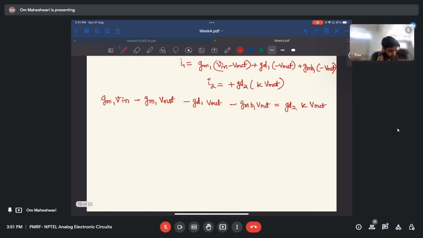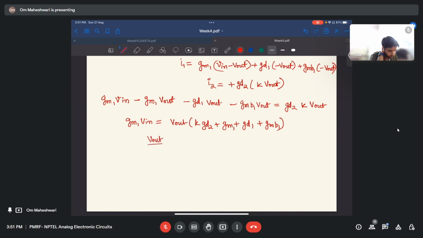Let's take V out common. GM1 V in equals V out times (KGD2 plus GM1 plus GD1 plus GMB1).